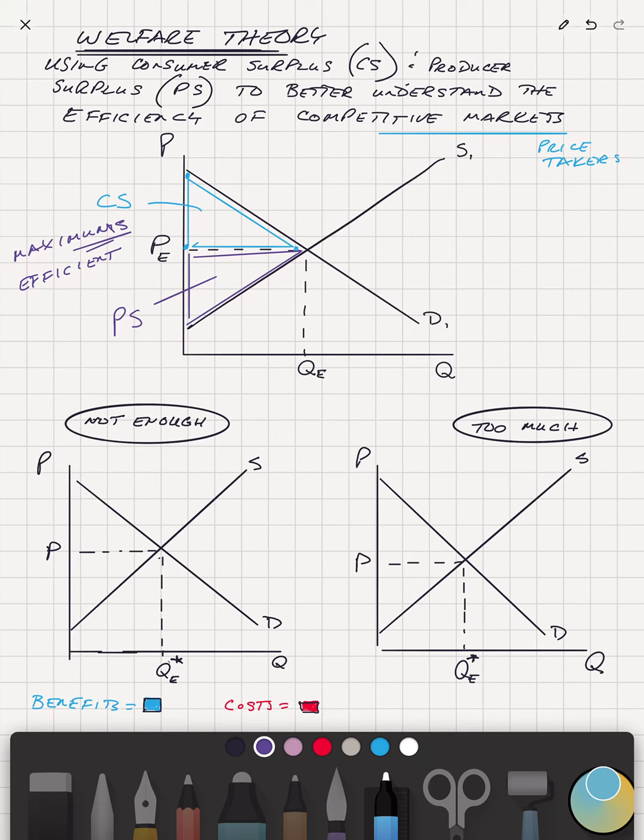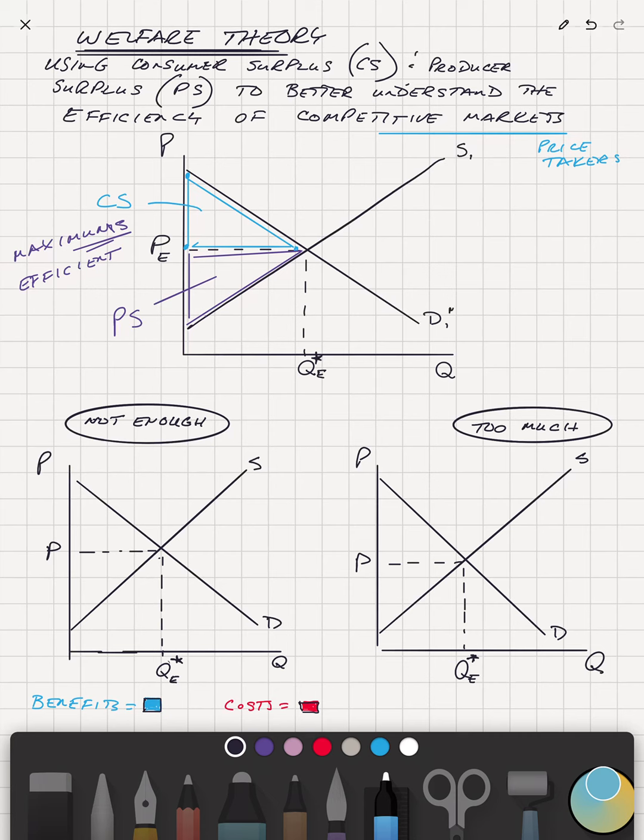Here's another way to say it: the net benefits to society are maximized. So when we find that, and remember, we've talked about this before, I'm going to put a star on Q to show that it's the optimal amount of output.